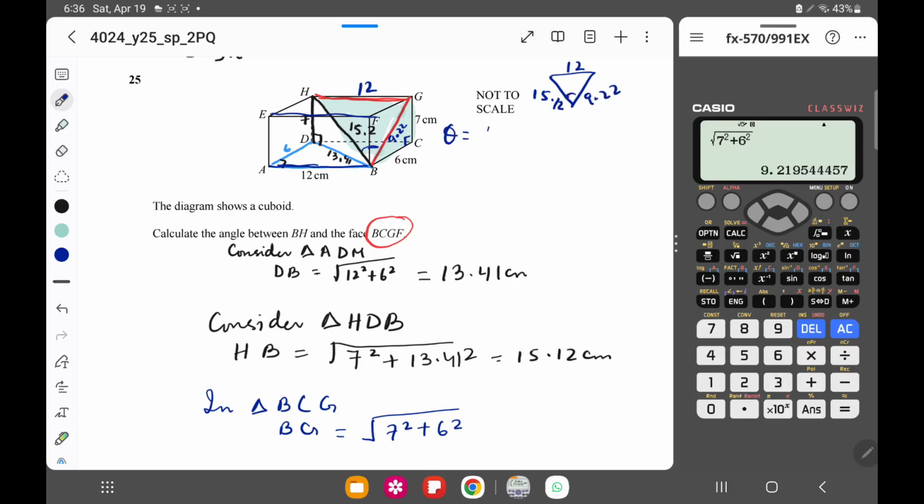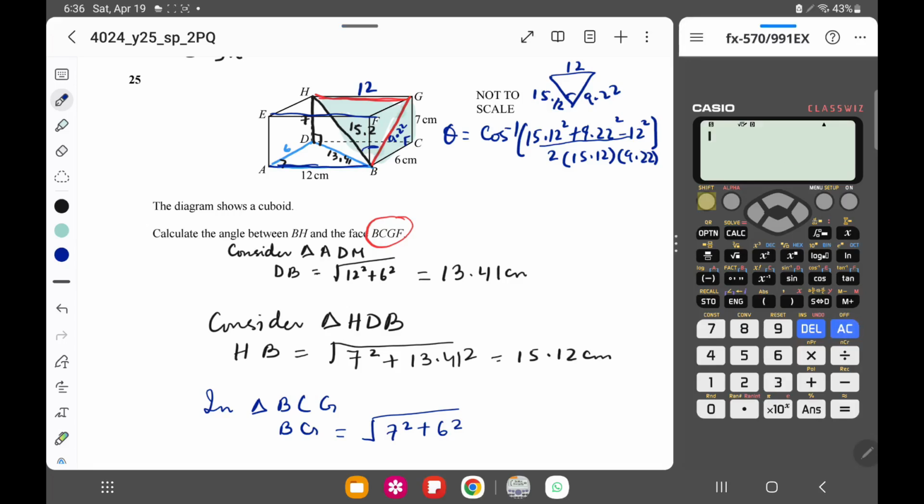So theta is equal to cos inverse of both the sides which are connected with this included angle, that is 15.12 squared plus 9.22 squared, minus 12 squared, upon 2 times 15.12 and 9.22. For this one, a squared equals b squared plus c squared minus 2bc cos A. I'm taking the same formula. Use your calculator and calculate your answer.